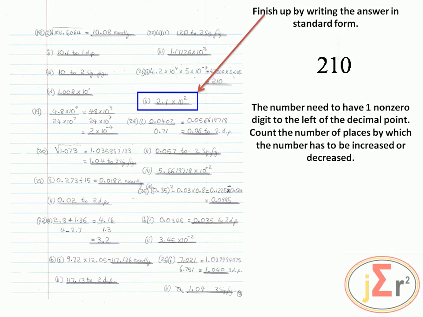Why do we start there? We start there because a whole number is considered to have its point at the extreme right.